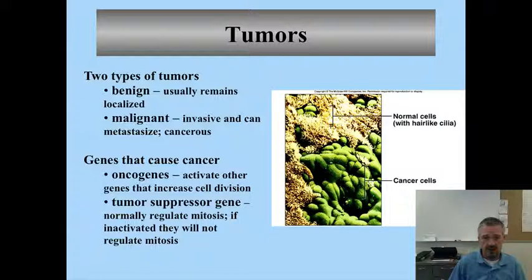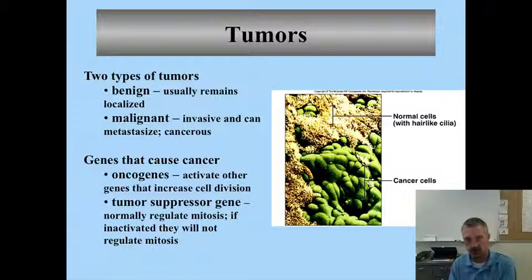Another good example of genes that can cause this are tumor suppressor genes. When I was talking about that G1/S checkpoint, a lot of those genes that are really forming the proteins that are part of this G1/S checkpoint are what we refer to as tumor suppressor genes. These are ones that normally cause the cell cycle to slow down, to pause, take a little bit of time. If these tumor suppressor genes are lost, it no longer takes that pause.